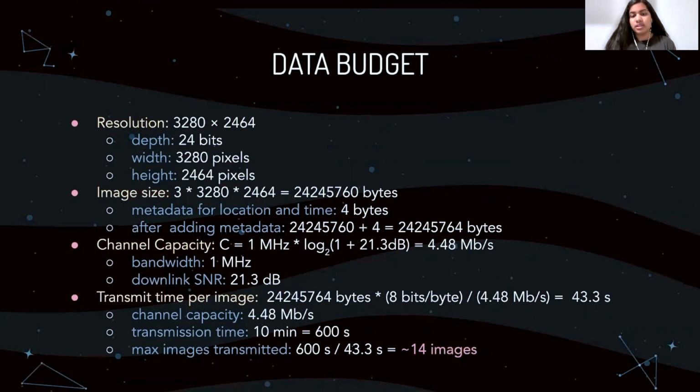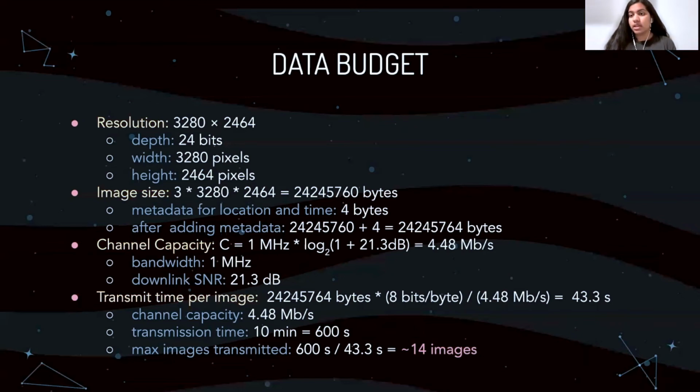So the image size ends up being 3 times 3280 times 2464, which is a very large number of bytes. And if we include 4 bytes per image for metadata, like when the picture was taken and the location that the picture was taken, each image would end up being approximately 24 million bytes, more than that in fact.